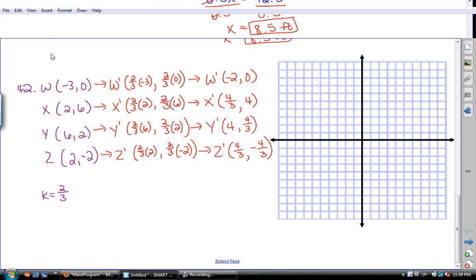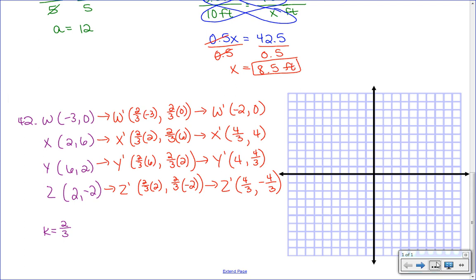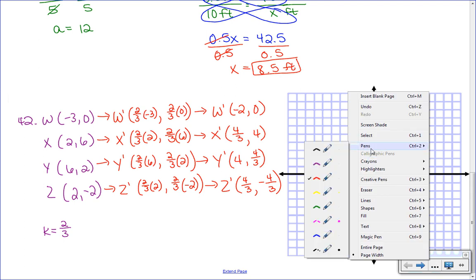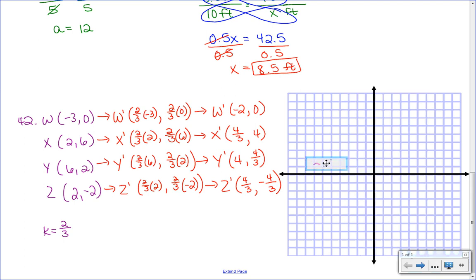Okay, and now we need to go ahead and plot the original points and plot the new points so that we have a graph of the original image and a graph of the dilation. So let's start with the original points. W is at -3, 0. So there's W. X is at 2, 6.